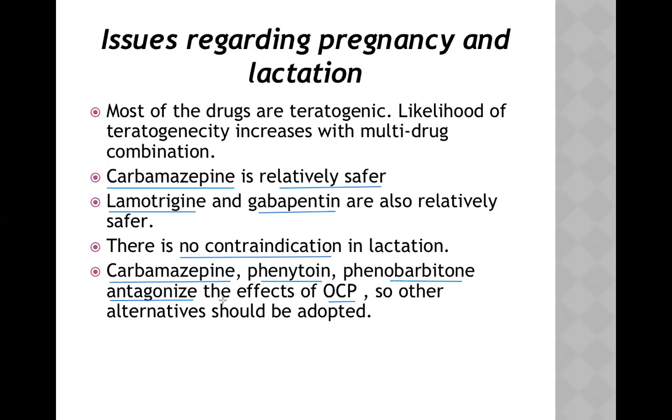There is the cytochrome P450 enzyme system inside the liver. That enzyme system is activated by this drug. As a result of this, the oral contraceptive pill is very rapidly metabolized.